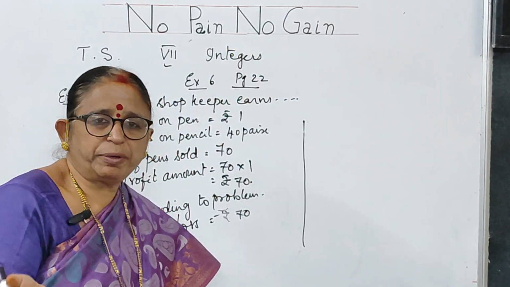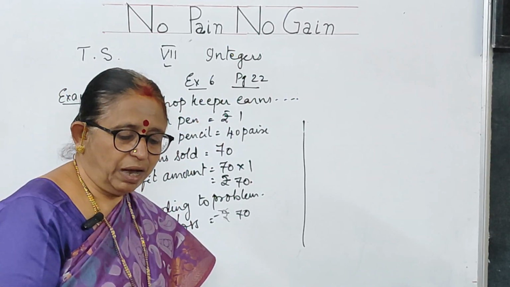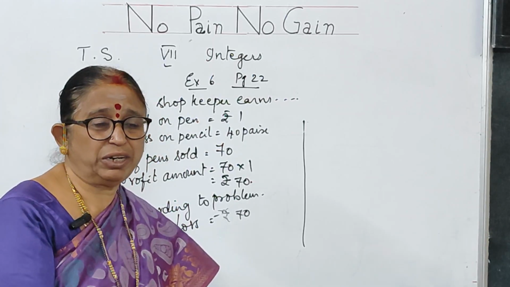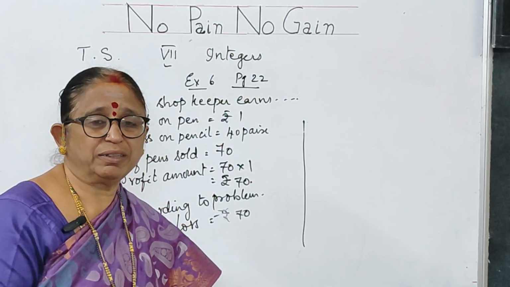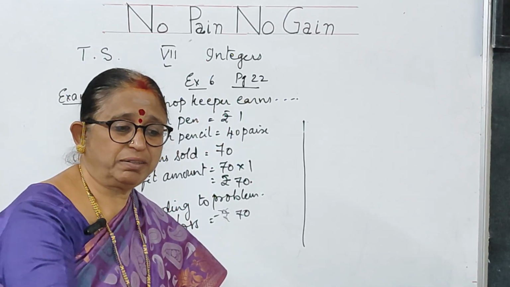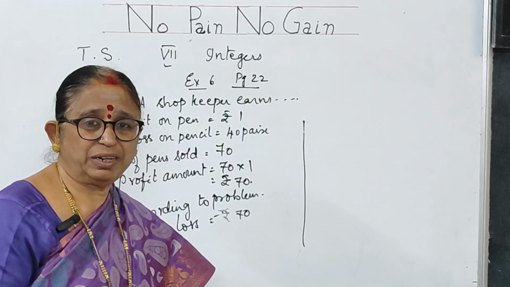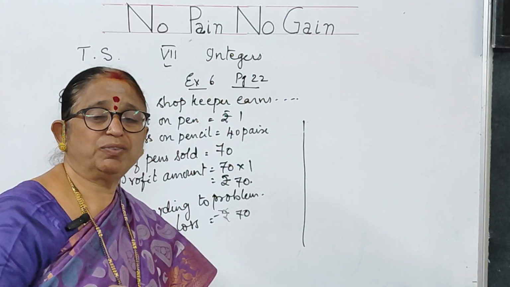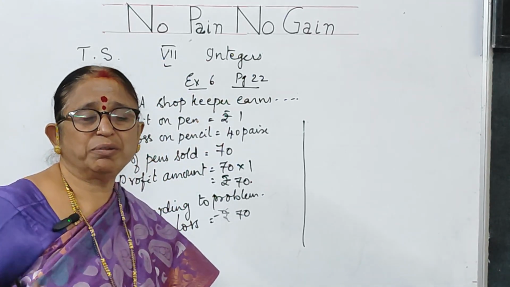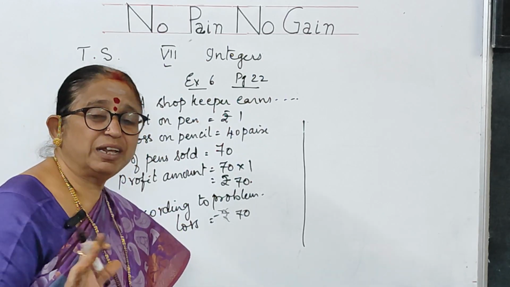So ultimately, the money wherever she is storing it, that is empty. When she was selling the pens, 70 rupees were there in her box. When she was selling the pencils, all the 70 rupees have gone. She has an empty box. So neither loss nor profit she got.